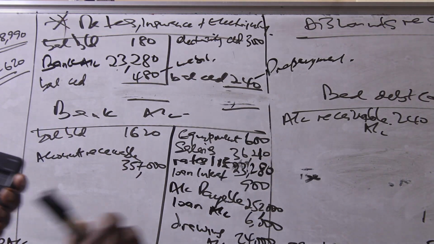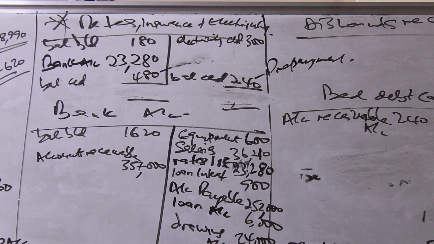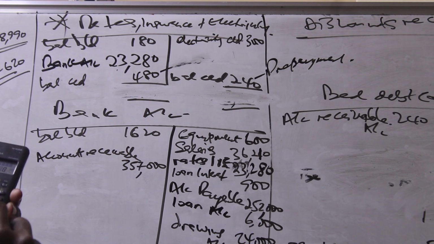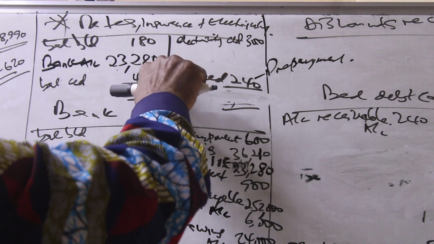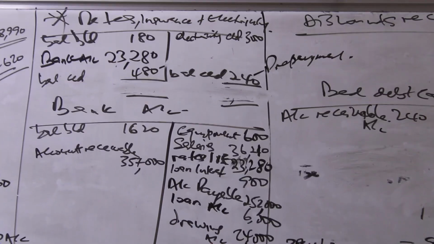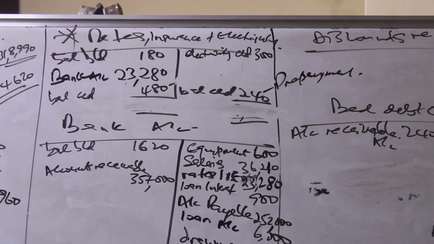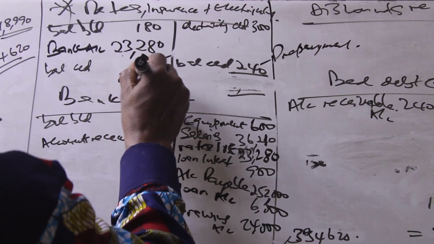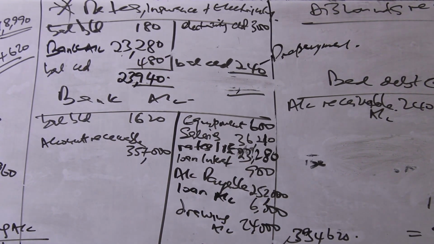So we want to know what we incurred in the course of the period. 180 plus 23,280 plus 480 is 23,940.